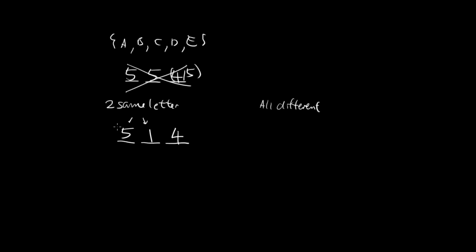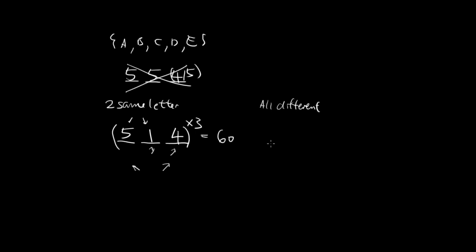And now we have to take that times 3 because the same 2 letters can be the first and the second, first and the third, or second and the third. So it can be the first 2, the last 2, or 1 and 3. That's why we take it times 3. So here we have basically 60.